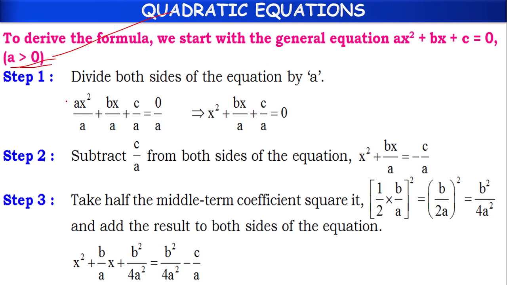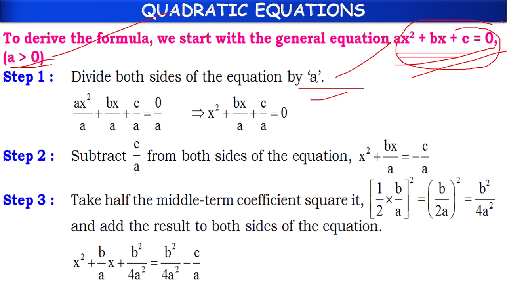Now our main work is to find Sridharacharya's formula for this quadratic equation to find the value of x. So let's divide both sides by a, which is the coefficient of x square.